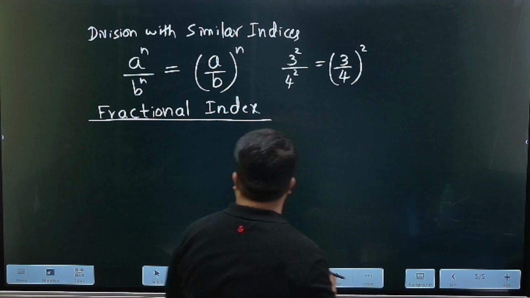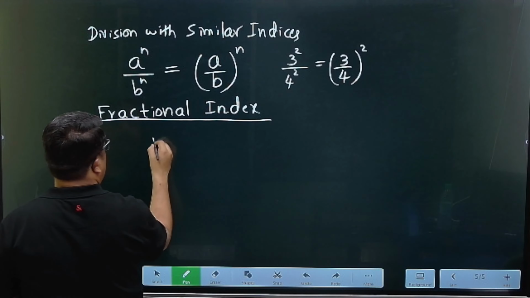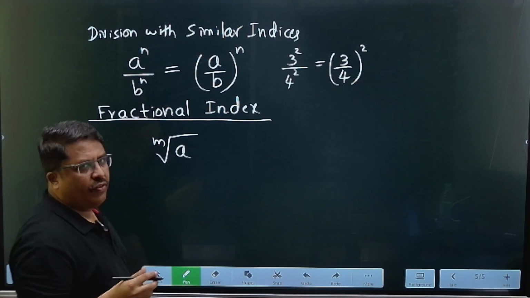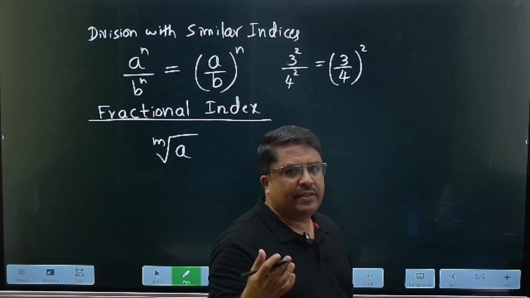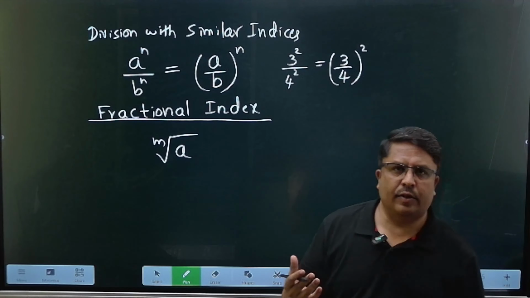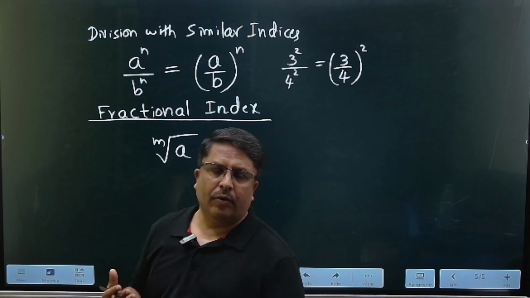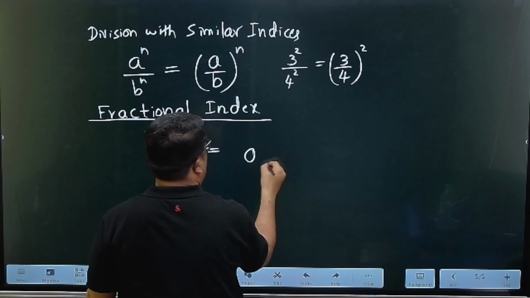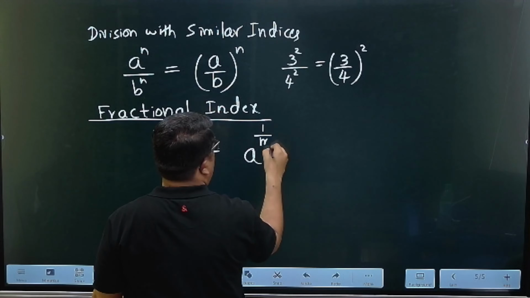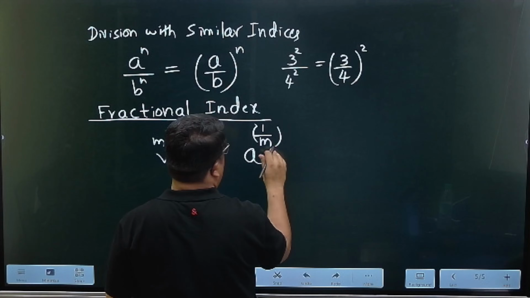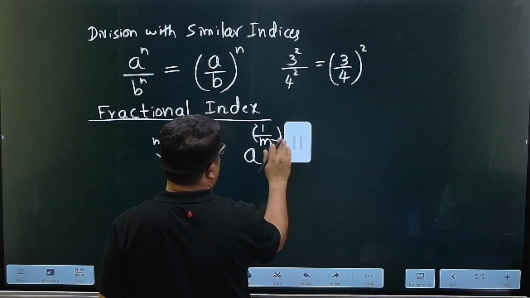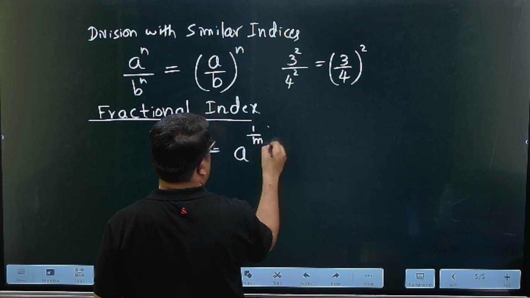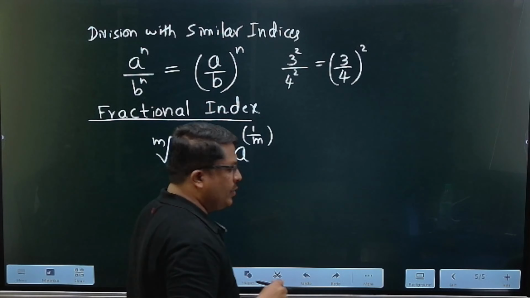Fractional index. We call this type of fractional index surds, or radicals. So that is a to the power of 1 by m.